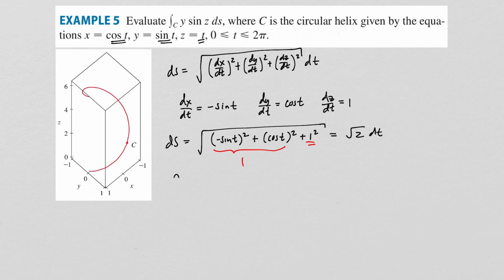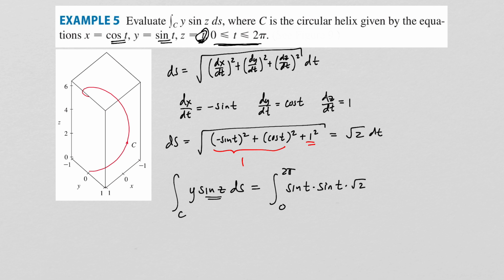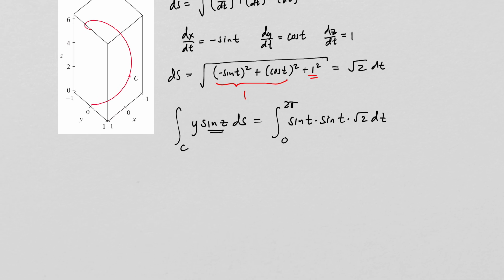So now the integral along the curve C of the function y times the sine of z ds will be the integral from 0 to 2 pi. y is the function sine of t, multiplied by sine of z, which is sine of t as well, because z equals t, multiplied by ds, which is radical 2 times dt. And so this becomes radical 2 times the integral of sine squared of t dt from 0 to 2 pi.